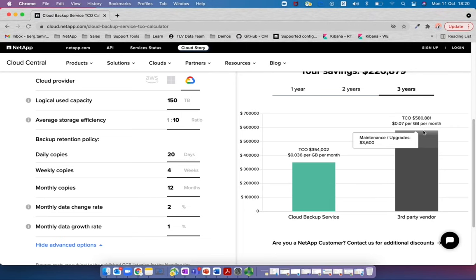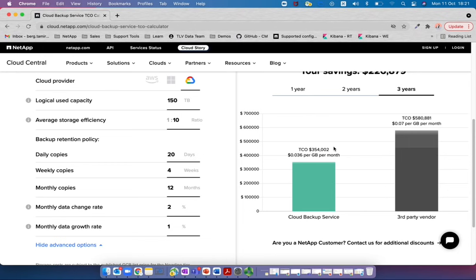Now, once that's clear, let's review the total cost of ownership. And by the way, what you see is NetApp's Cloud Backup list price versus an aggressive discount embedded for the competition. So we have TCO for the third-party vendor, we have the TCO for Cloud Backup service, but let's not forget that we're talking about cloud and consumption-based pricing.